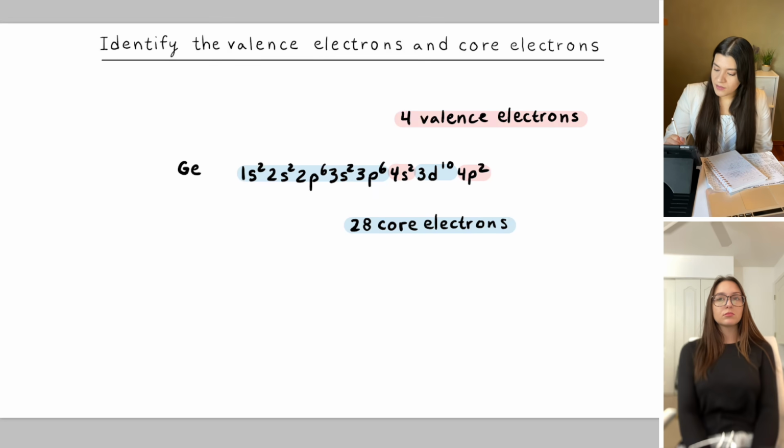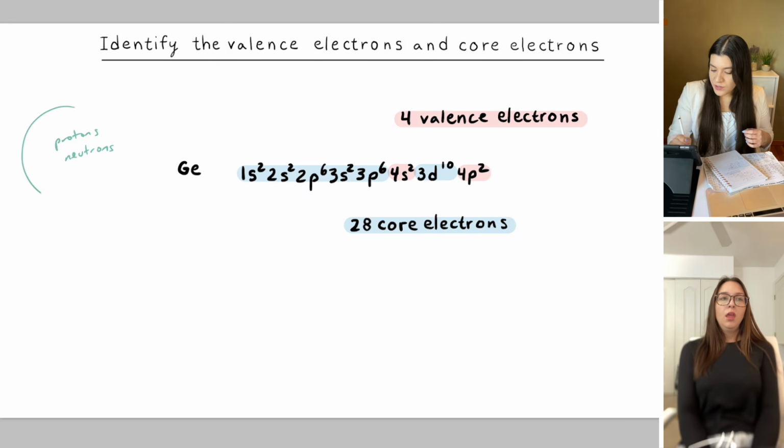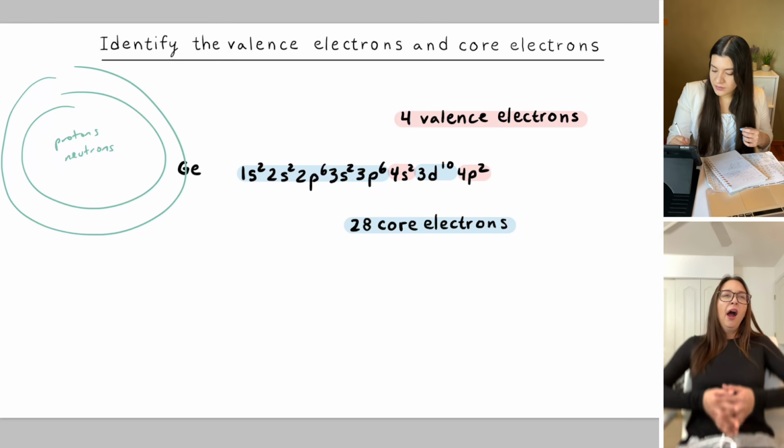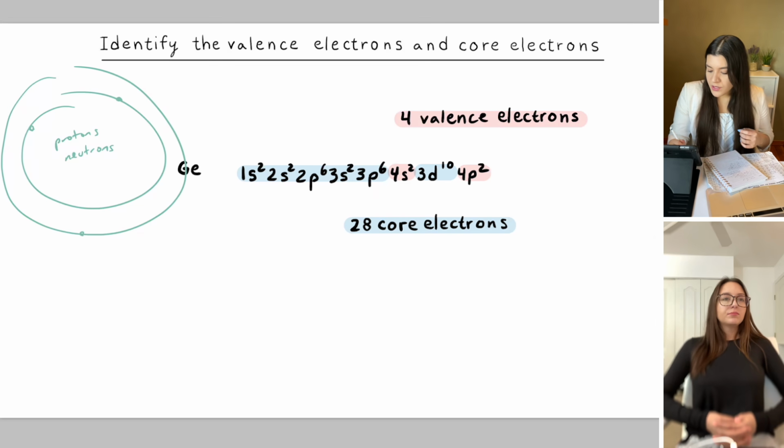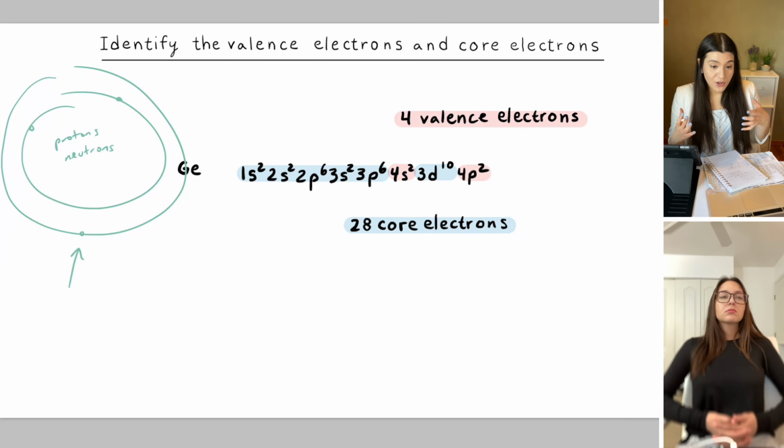Think of the atom: protons and neutrons are in the middle, surrounded by electrons on these orbitals. Your outermost shell is basically this. That's where your valence electrons are.